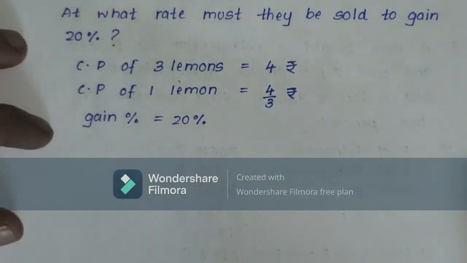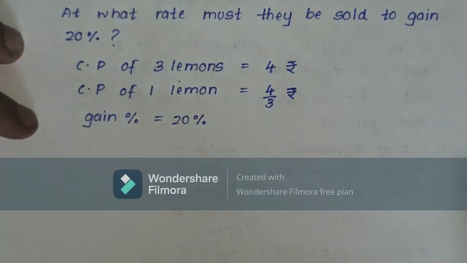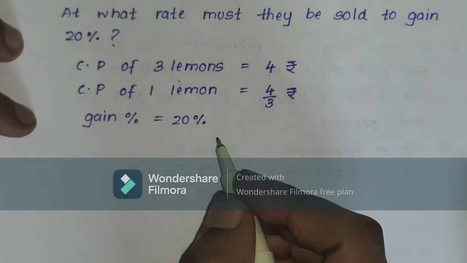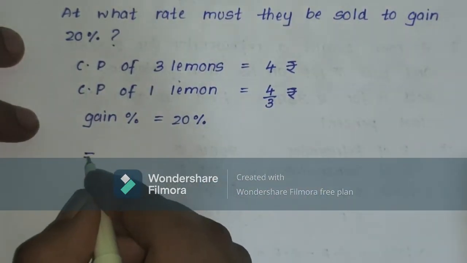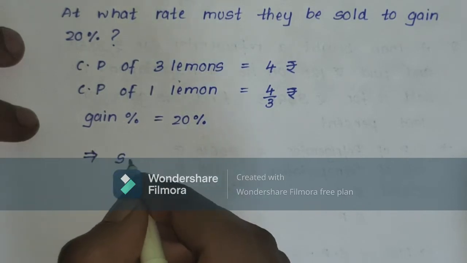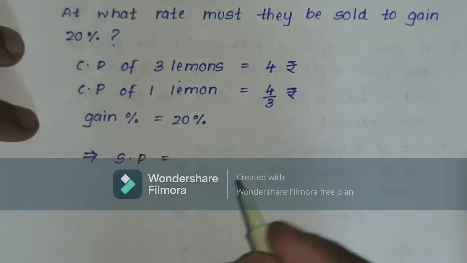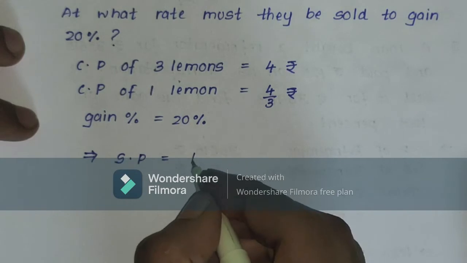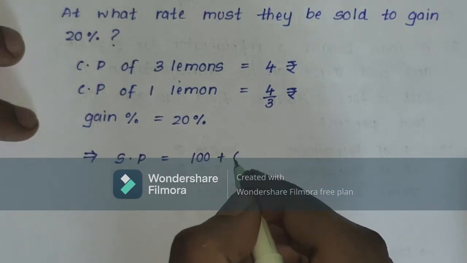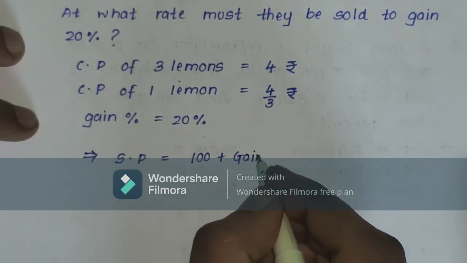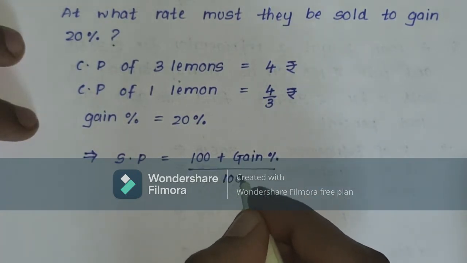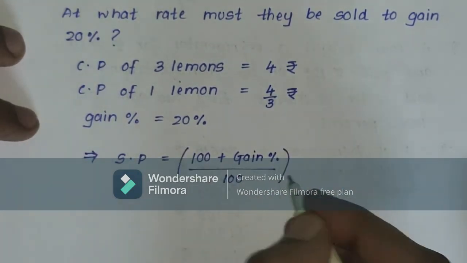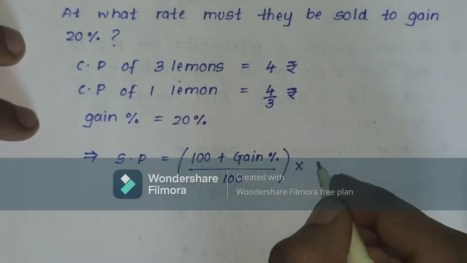SP. So what is the formula for SP when gain is given and you have CP? You will write down that formula first. The formula for SP when gain and CP are given is (100 plus gain percent) upon 100, the whole bracket multiplied by CP.